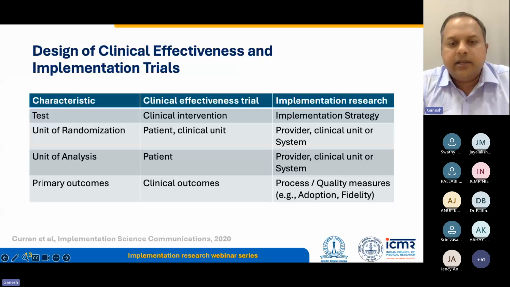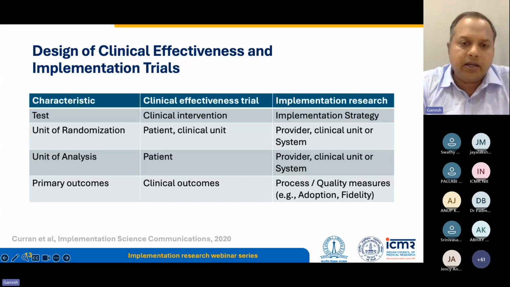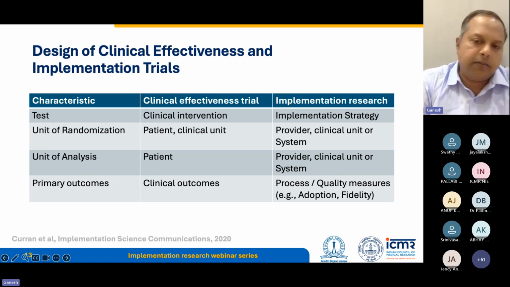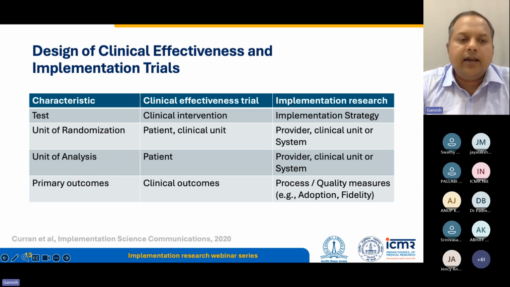The unit of analysis in a clinical effectiveness trial is the patient. For example, if you want to demonstrate the reduction of systolic blood pressure by intake of amlodipine 5 milligram in 24 hours, our unit of analysis is the patient. We check the blood pressure of the patient. Whereas in implementation research, the unit of analysis is sometimes the provider, sometimes the clinical unit, sometimes the system.